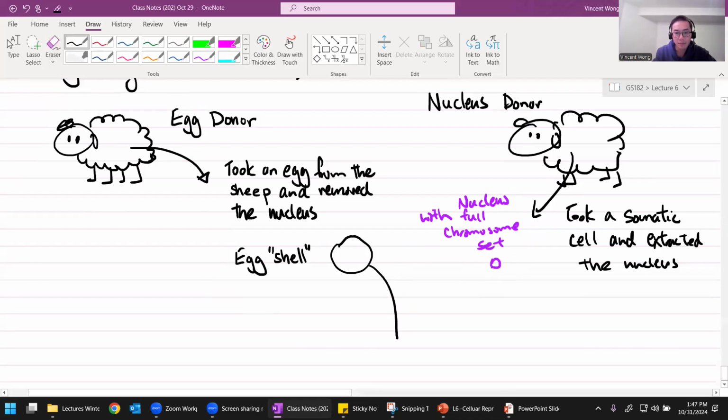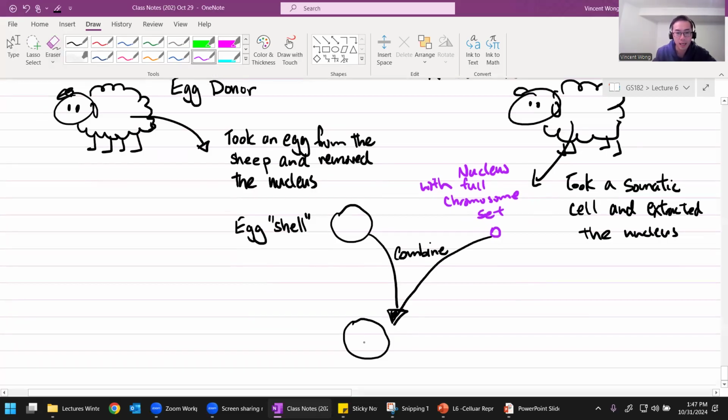And what they did next was they combined the two. They took the nucleus from the nuclear donor and put it into the empty eggshell. So this process simulates the fertilization. Normally the egg has half, and you have to wait for the sperm to bring the other half to create the full set.